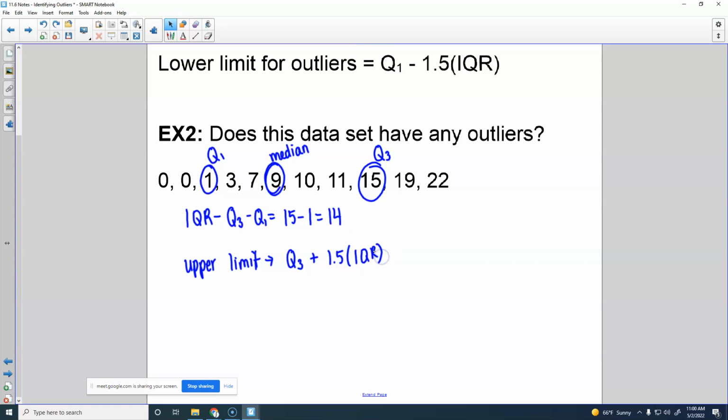That's the formula that's up there for you. So third quartile is 15. And I do 1.5 times, Zane, what was the interquartile range that we found? 14. Right, so if I do 15 plus 1.5 times 14, I get 36.